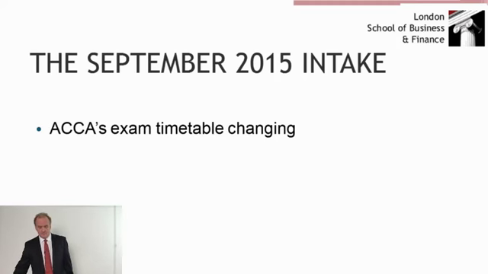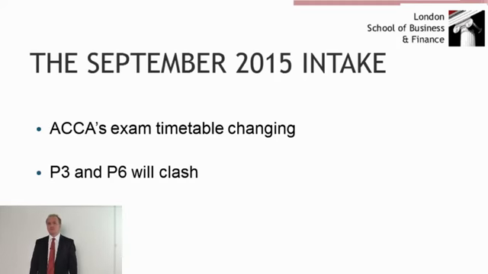For example, from September, it will be impossible to sit P3 and P6 at the same exam sitting because the exams will happen at exactly the same time. Now, of course, you could do September and December with these 2, but if you're looking to finish at 1 sitting, picking your option papers is now going to get a bit more annoying.